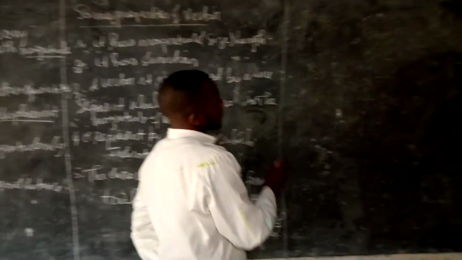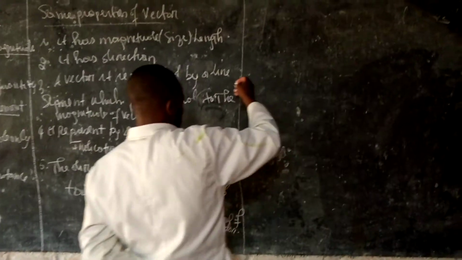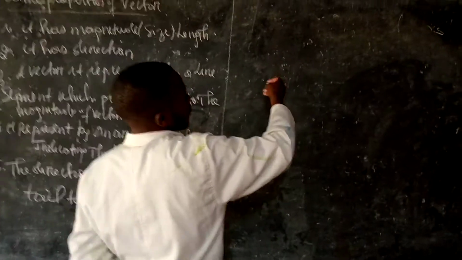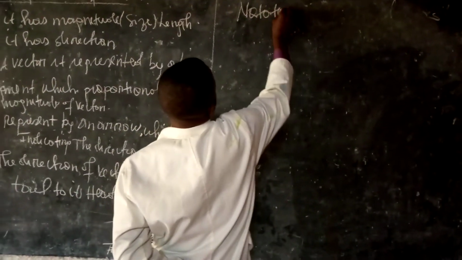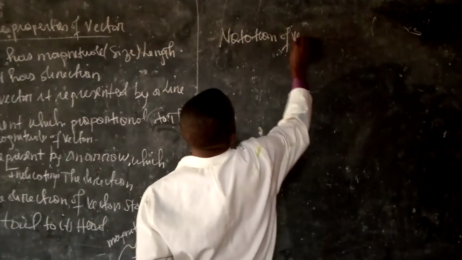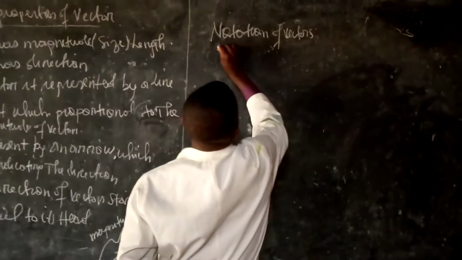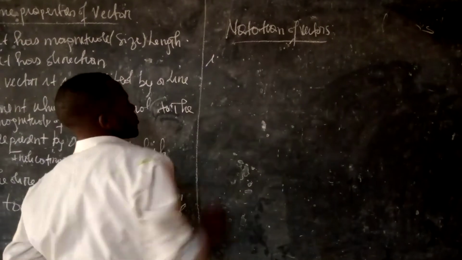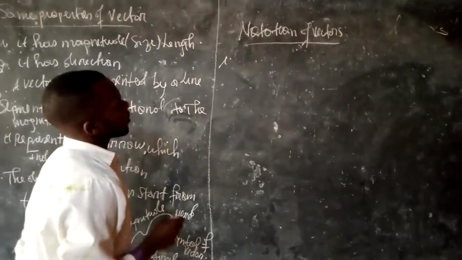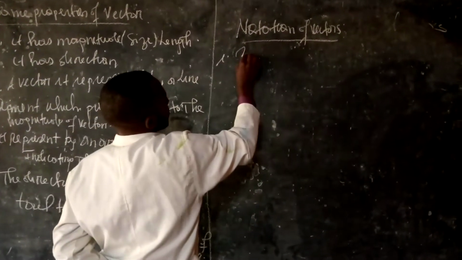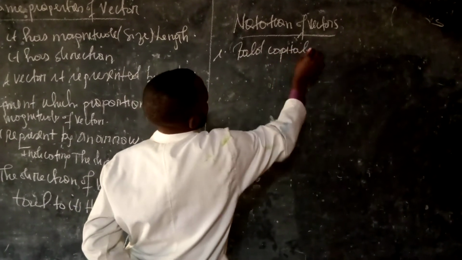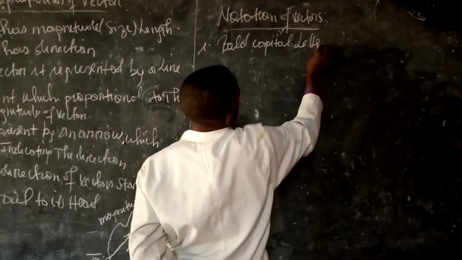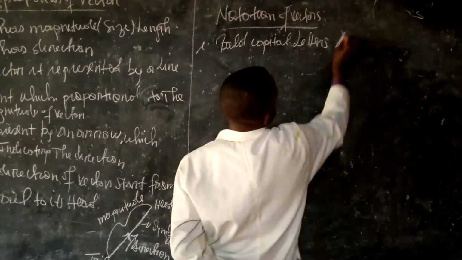So now another point, let us show you how to write a vector. Notation of vectors. So the first way you can use to write a vector notation is to use a bold capital letter, where you can use this one.